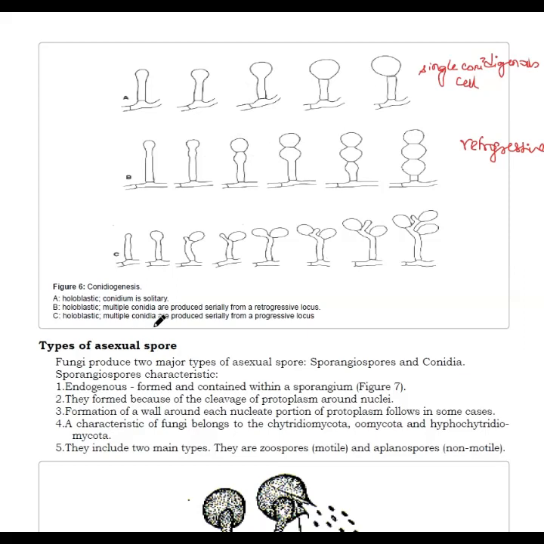And in holoblastic, you can see here multiple conidia are produced in a progressive locus. Progressive, see here, first this is formed and then this and then this, so one is forming above the other at the progressive locus, the locus next to it, and in the retrogressive, the spores are formed at the locus downward to it.